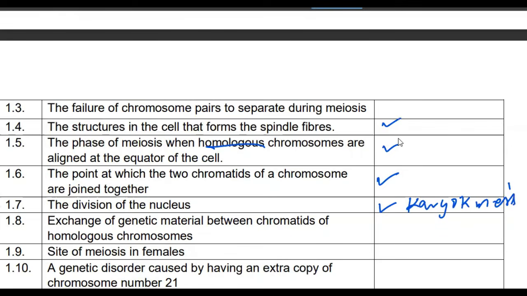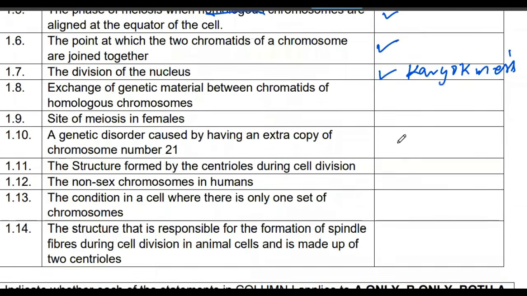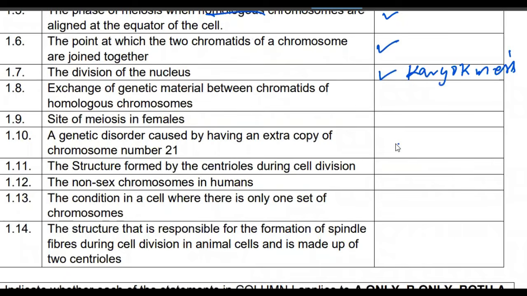Division of the nucleus is karyokinesis. And then they're saying the site of meiosis in a female, because in a female we find meiosis in the ovary. So you write ovary there. The exchange of genetic material between chromatids in the homologous chromosomes is crossing over.